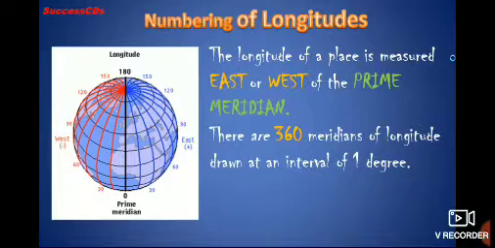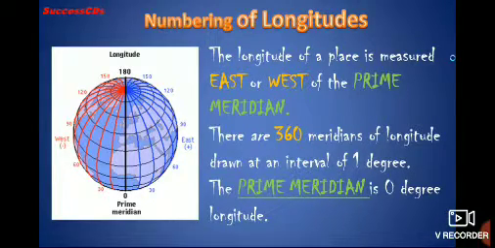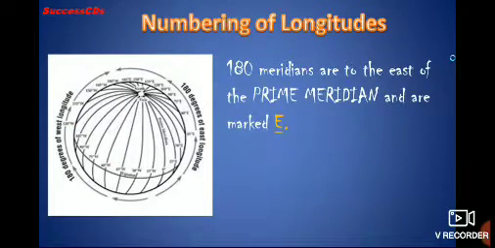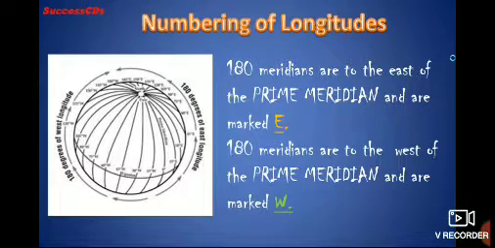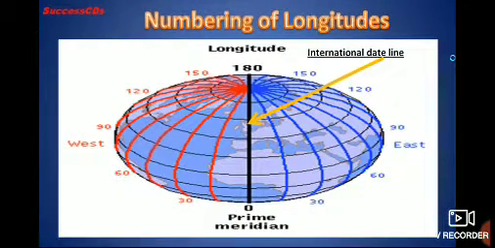There are 360 meridians of longitude drawn at an interval of 1 degree. The prime meridian is 0 degree longitude. 180 meridians are to the east of the prime meridian and are marked with a capital E. 180 meridians are to the west of the prime meridian and are marked with a capital W. The 180 degree east and 180 degree west is the same line and is also referred to as the international date line.